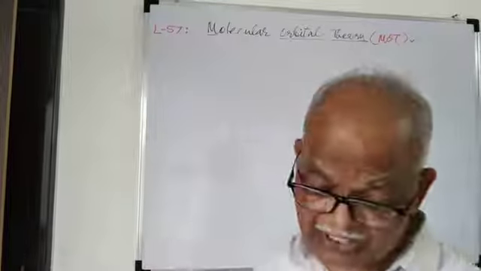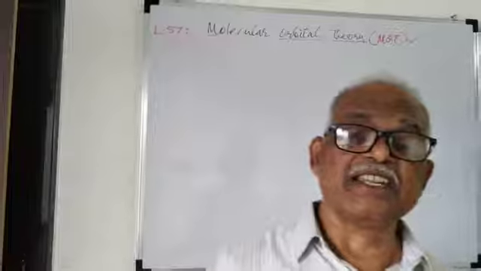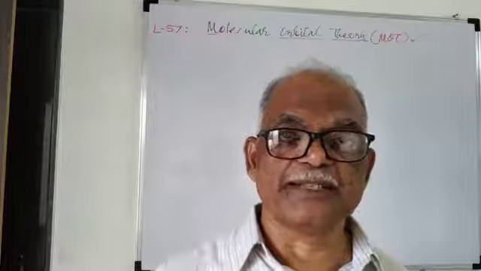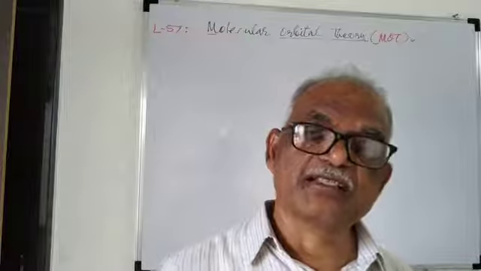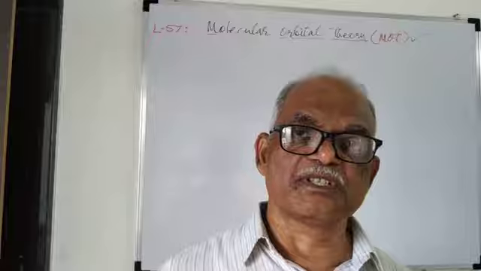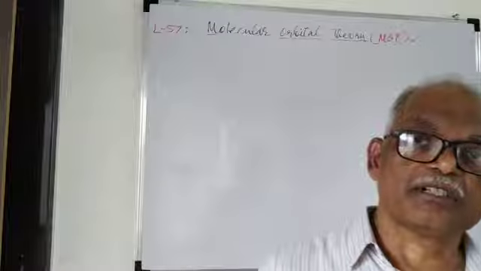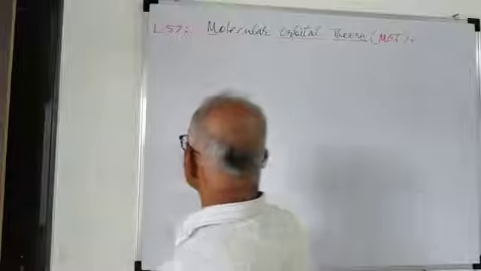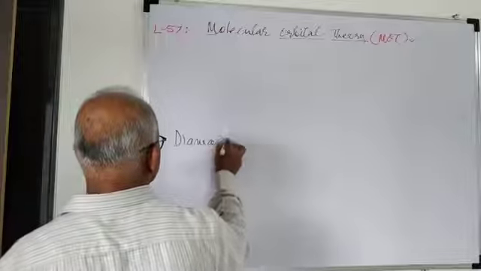Then, if the substance does not contain any unpaired electron, meaning all the electrons in the substance are in paired state, then such a substance is not attracted towards the magnetic field, and therefore such a substance is called diamagnetic, and the phenomenon is called diamagnetism.